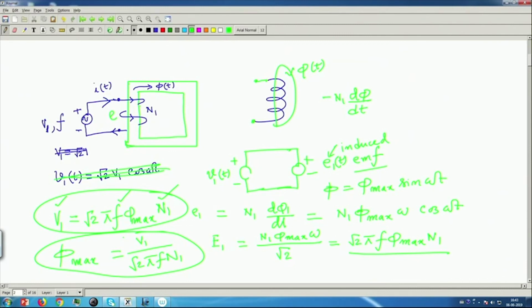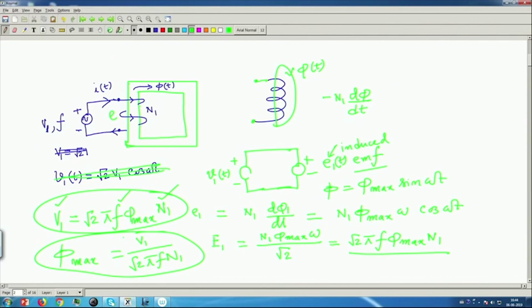By the supply RMS voltage, by the supply frequency and number of turns. So, is it not something different from a DC circuit? In a DC circuit, you apply some known DC current, calculate MMF, divide by reluctance, get the flux.